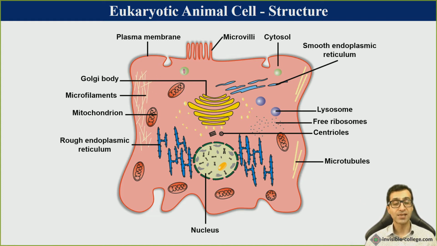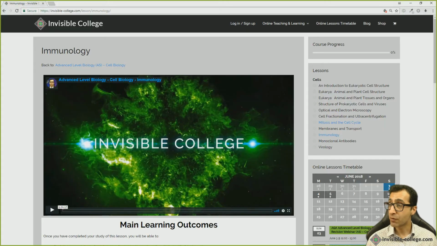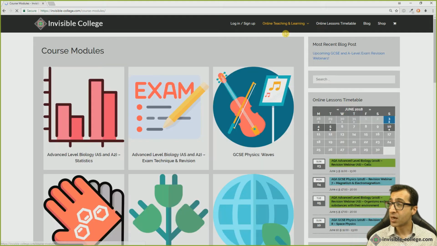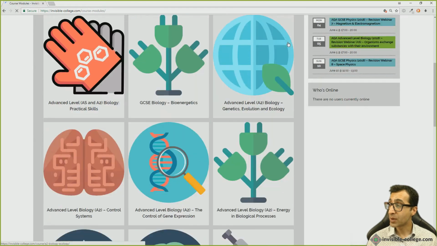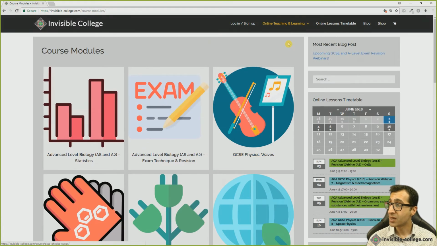Now, the cytoskeleton is something that we're not going to go into in depth, or at all, in fact, beyond what I've just said in the course of this webinar, just because, again, we're sticking to what's present in the advanced level specification for AQA. But if you are interested in more detail on that, again, I would encourage you to go to this course module on cell biology on my website, where in the first few lessons we examine many of these organelles in a lot more depth.